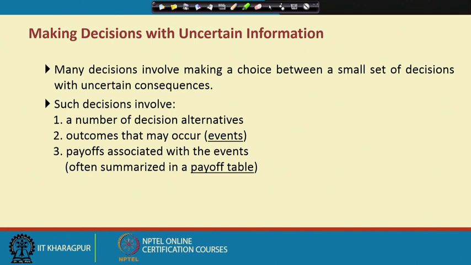Many decisions involve making a choice between a small set of decisions with uncertain consequences. That means when you take a particular option, there is a reaction. So, it is a game between action and reaction. That is why we speak of consequences. If you pick a particular outcome to address the business problem, what is the consequence?